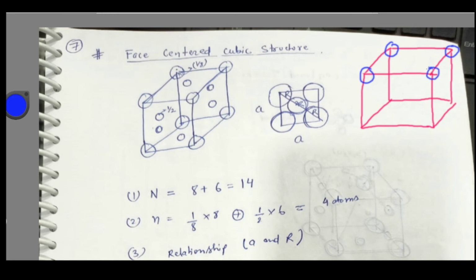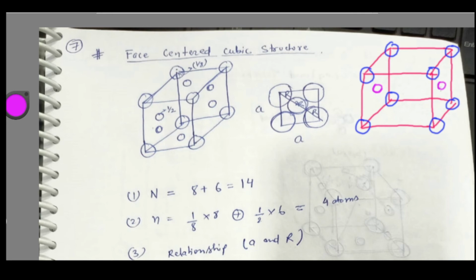These are the corner atoms which are present at the corner of the cube. And apart from this, atoms will be present on the faces of the cube. So how many faces are present in the cube? 6 faces are present. So on this face, one atom will be present.